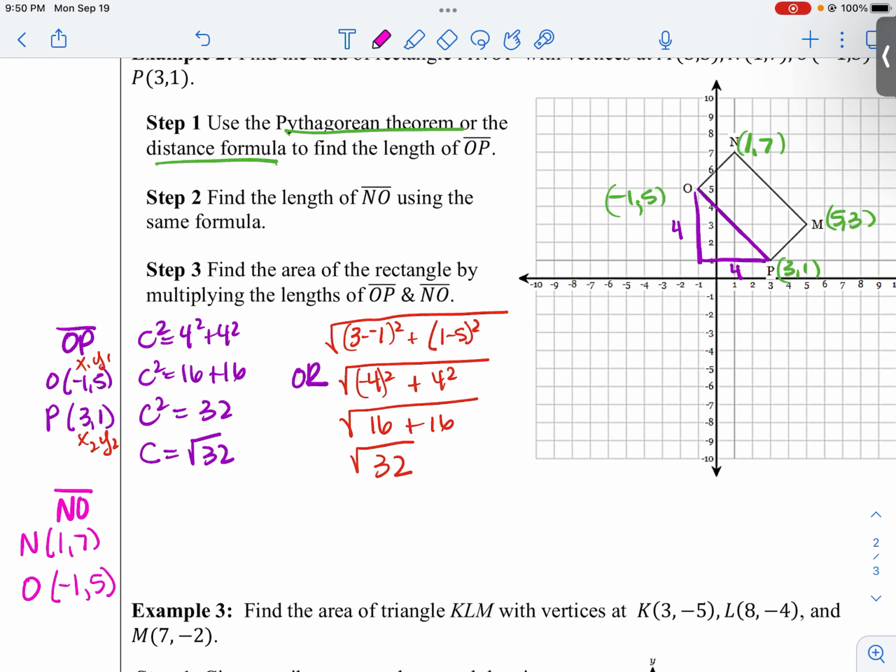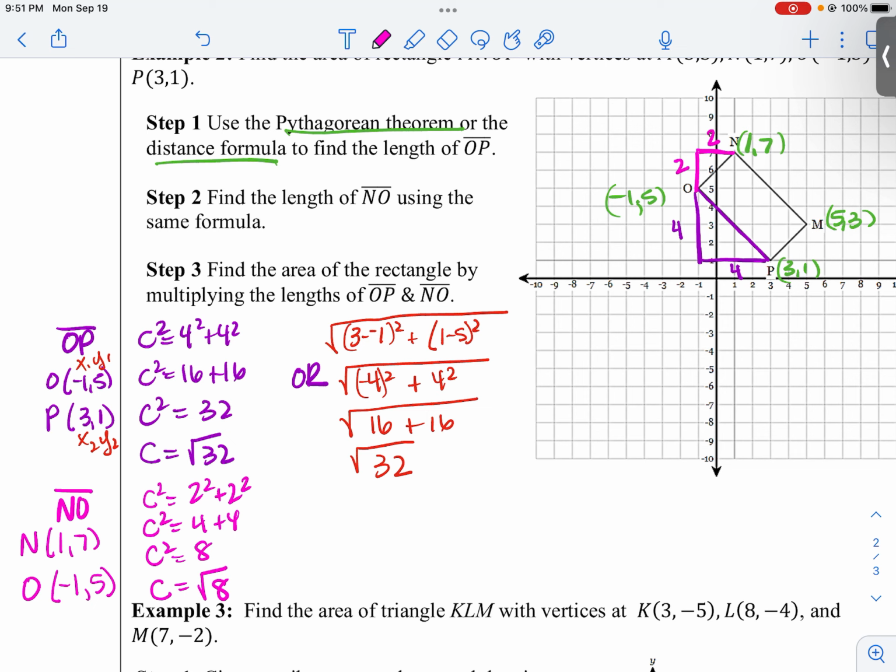So using the Pythagorean theorem, c squared equals, gotta draw a triangle first. So here's a triangle where I have 2 and 2. So that's 2 squared plus 2 squared. C squared equals 4 plus 4. C squared equals 8. So C equals the square root of 8.